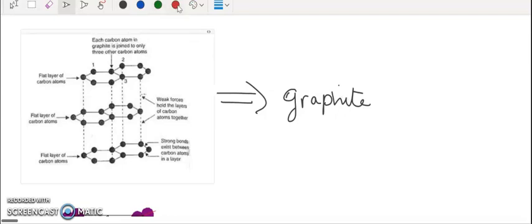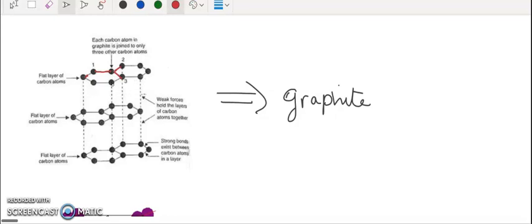And the difference is that graphite forms only three covalent bonds, as shown here: 1, 2, and 3. It forms only three covalent bonds, and they exist in layers which allow them to slide over each other.